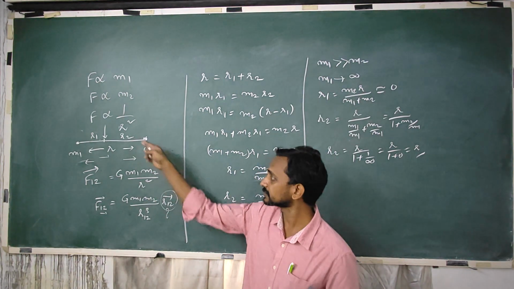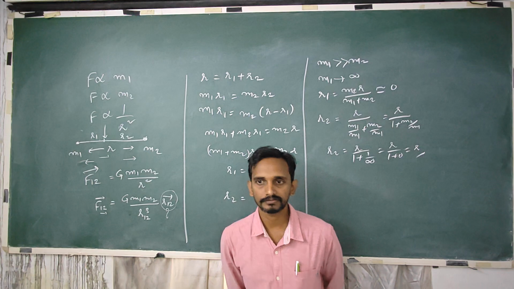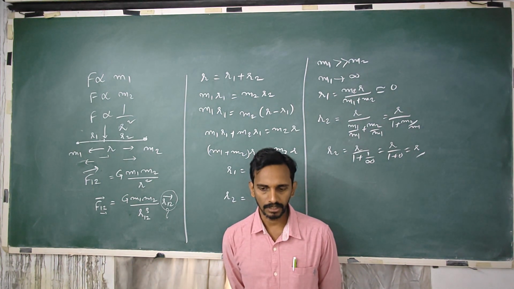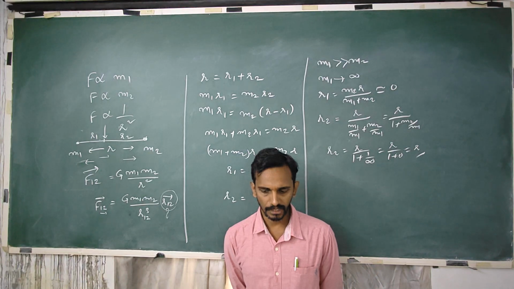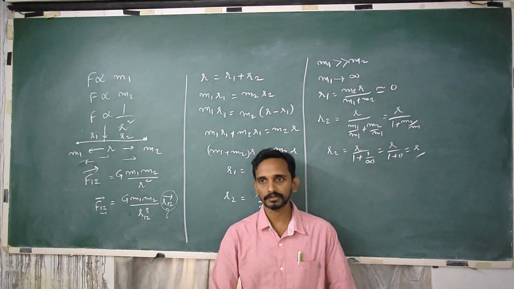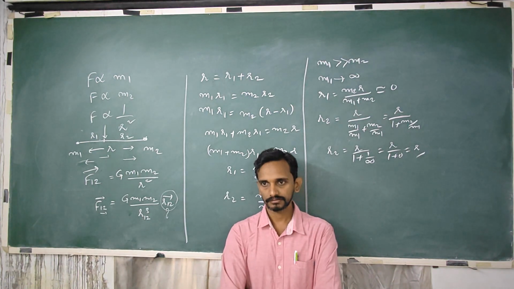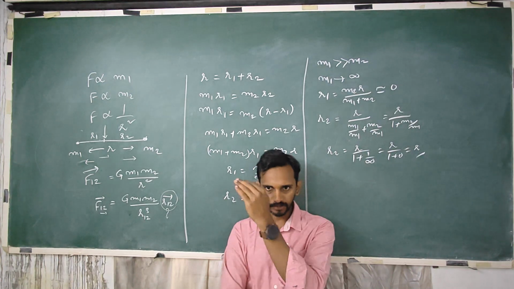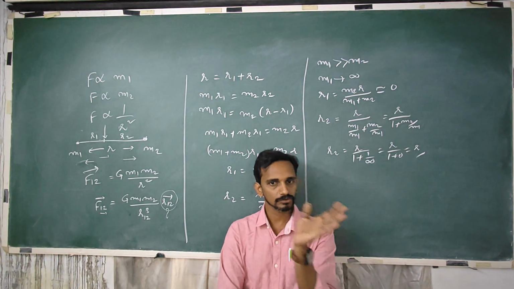The force is given by G m1 m2 by r square. So what happens? As long as apple moves towards earth, earth also moves towards apple.